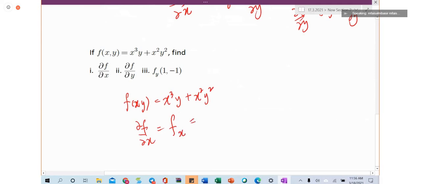Remember, when you differentiate a function with respect to x, y will be constant. So this will be 3x squared y, and the other term will be 2x y squared.